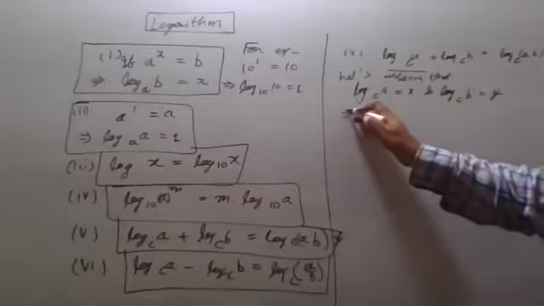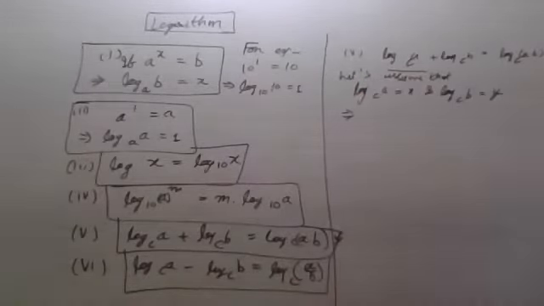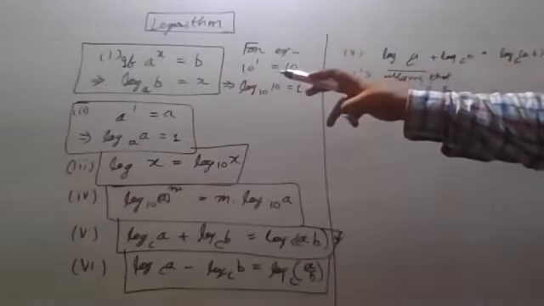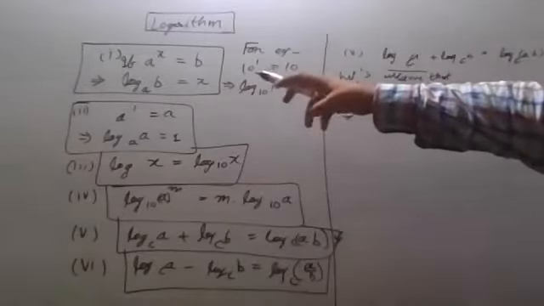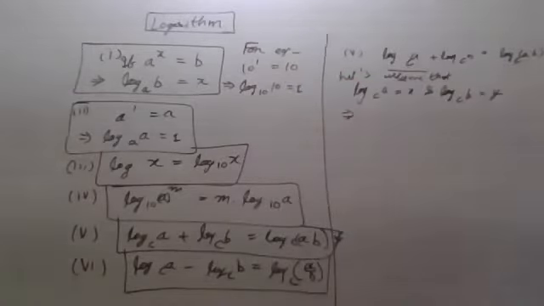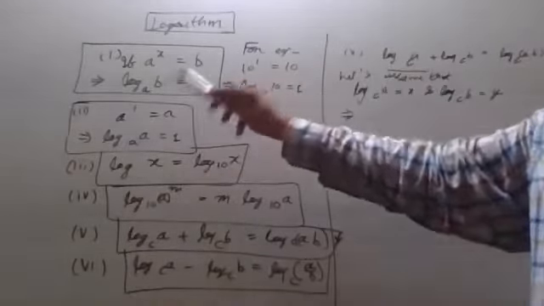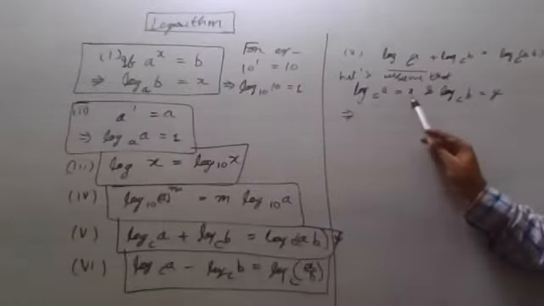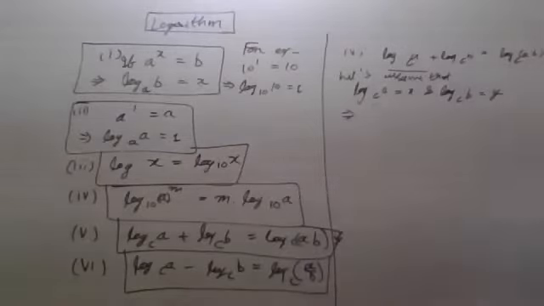Now, if you convert it to index using this formula, a to the power x equals b, so log b to the base a equals x. Similarly, if log b base a equals x, then a to the power x equals b. Is that clear to you? So use this formula to convert it to index. What will be the result?